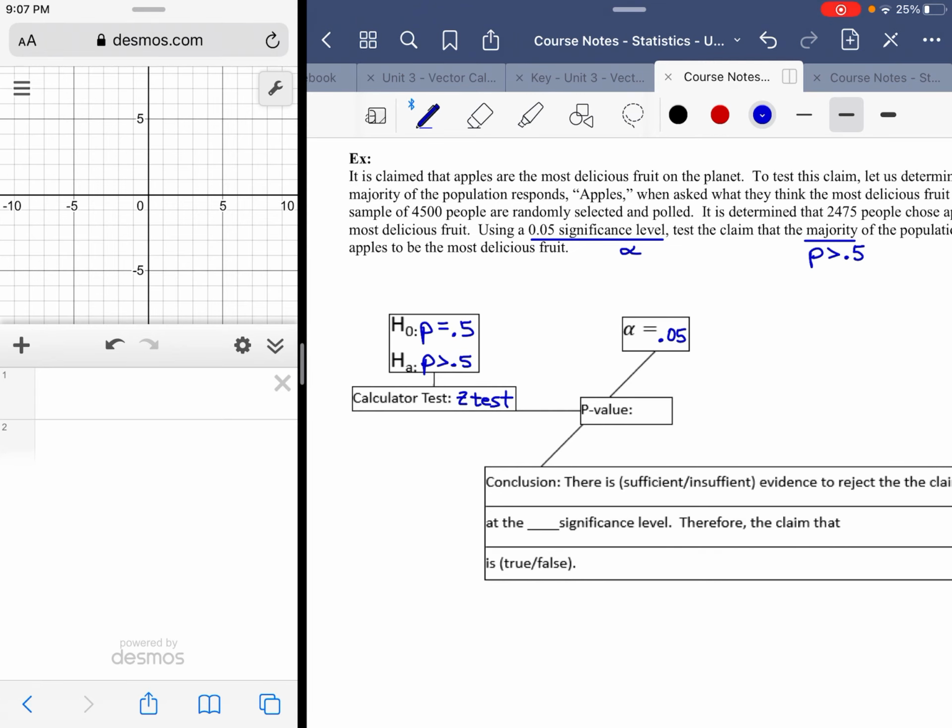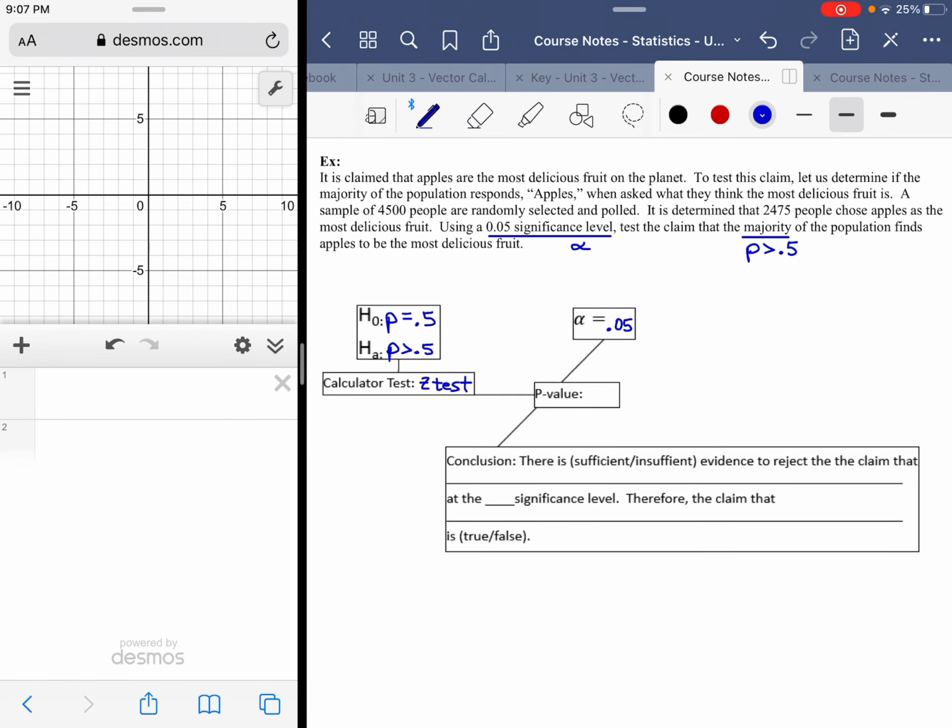So what they told us here is that there were 2,475 people who chose apples as the most delicious fruit. So the sample size is 4,500.